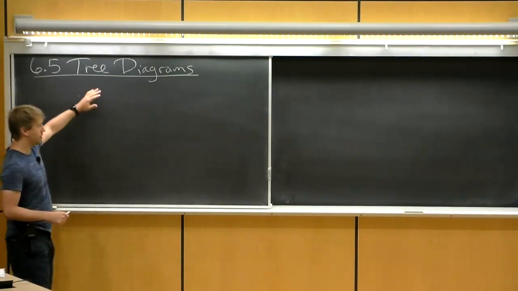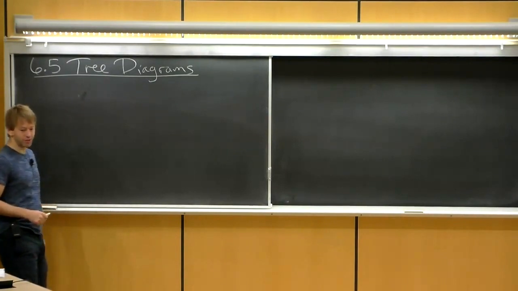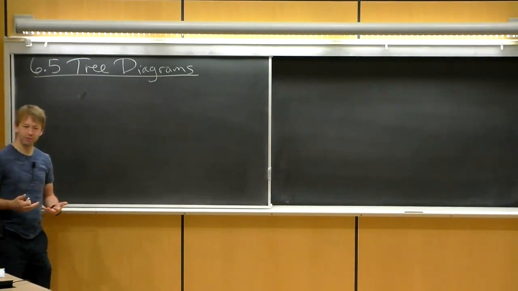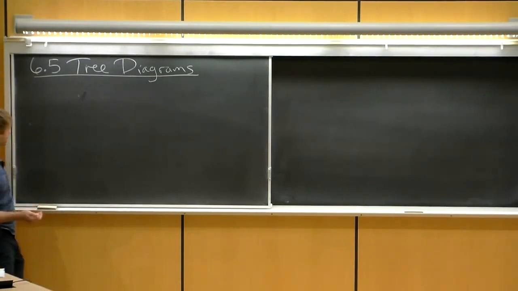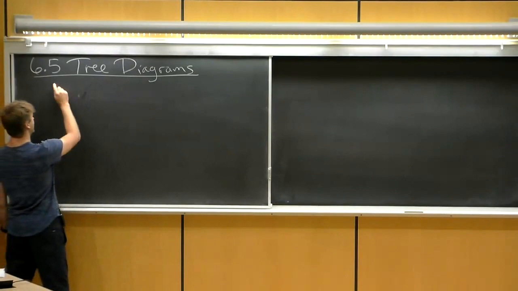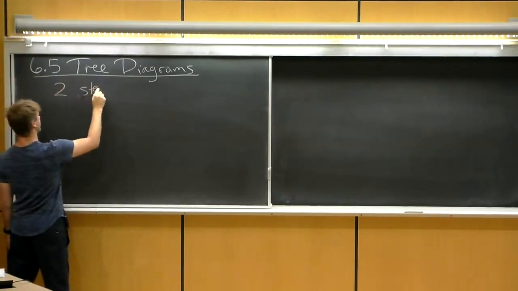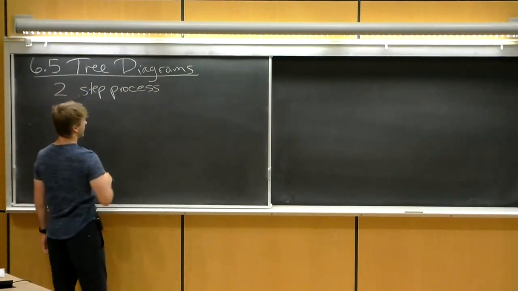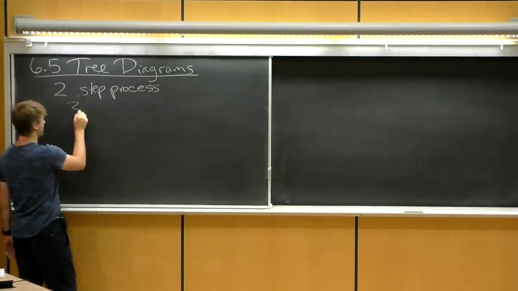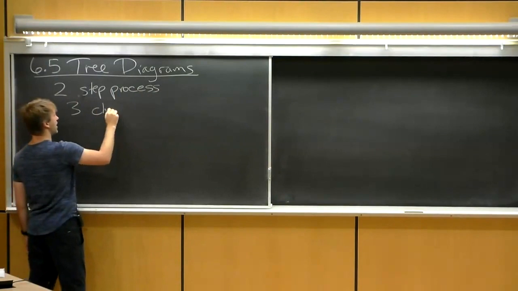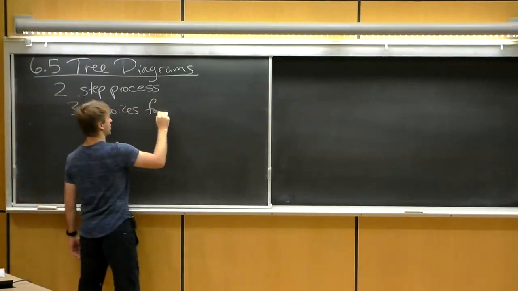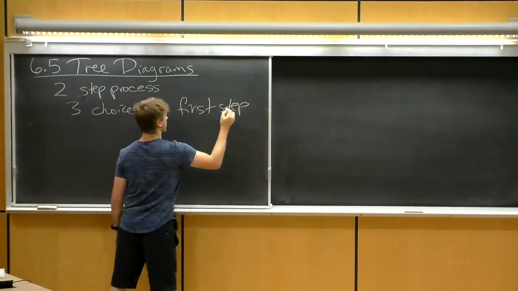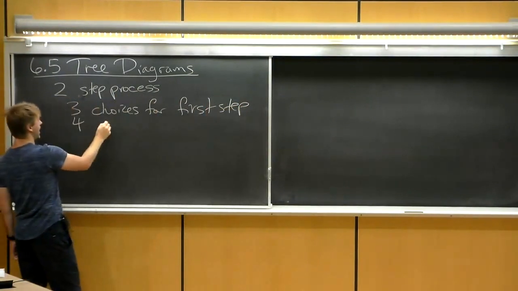Okay, so we're going to talk about 6.5, which is tree diagrams. We've already kind of used some tree diagrams before. Remember when we were doing counting, when you have a two-step process, and let's say there's three choices for the first step, and 4 for the second.